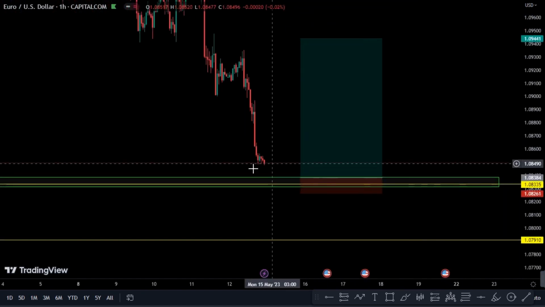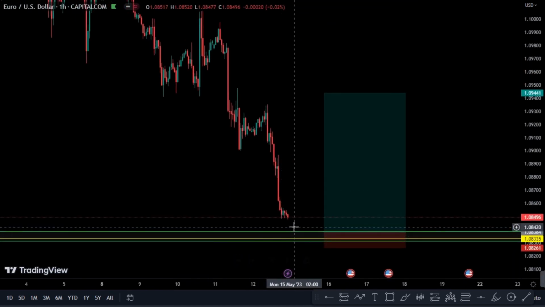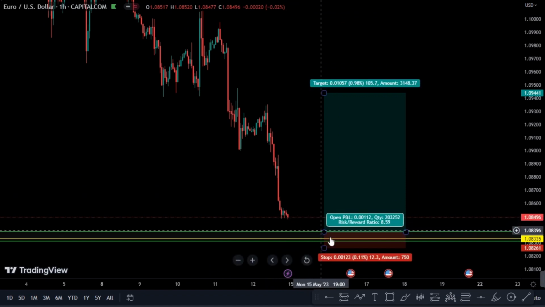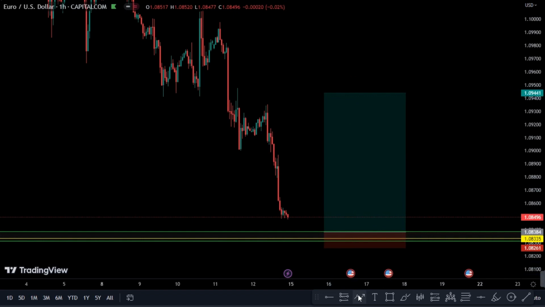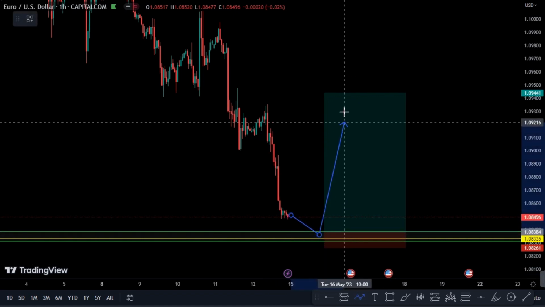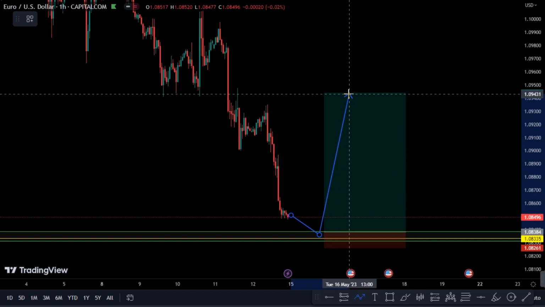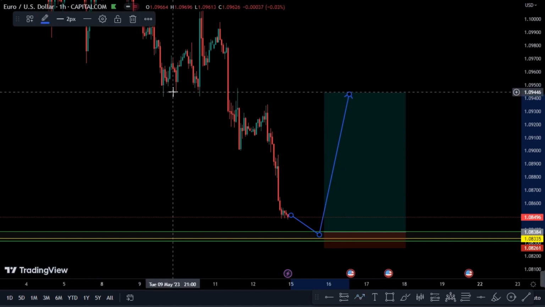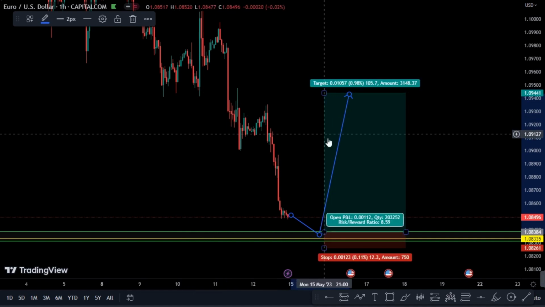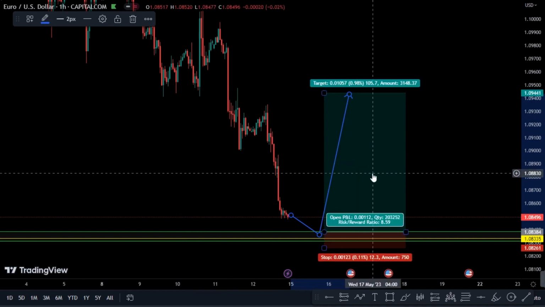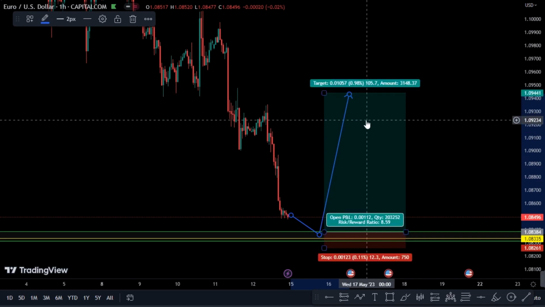Once we get the proper reaction that we are looking for, we will be looking to take a long from here all the way to that area we were anticipating, the previous significant structure that we anticipate a retest of. This trade would be more than a 1:3 risk to reward trade. As you can see, we have a 12 pip stop loss and a 100 pip take profit, and we would execute accordingly and see how it plays out.